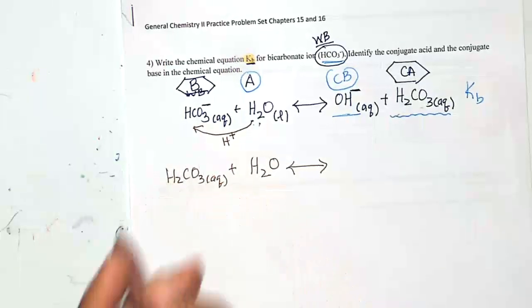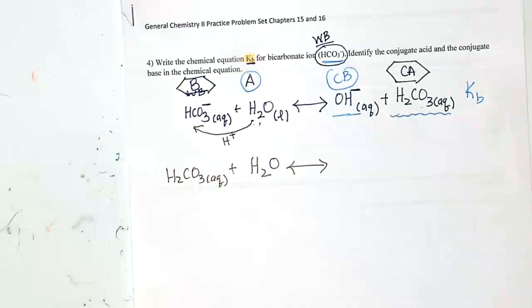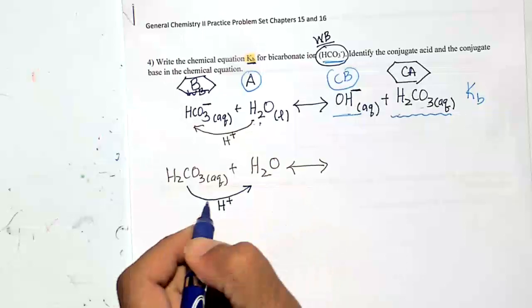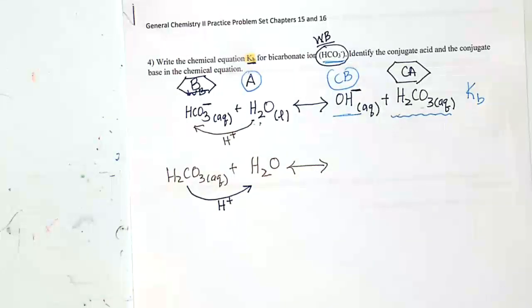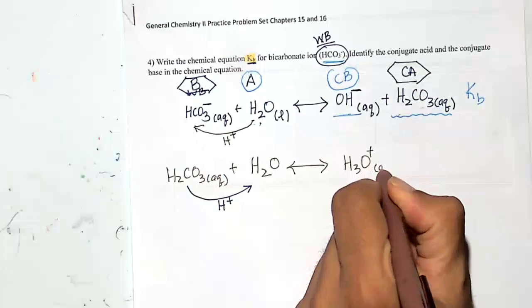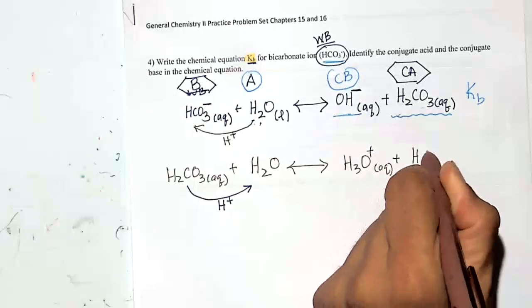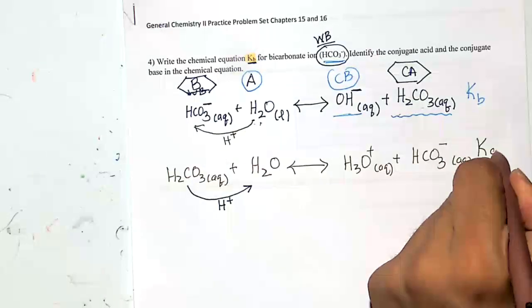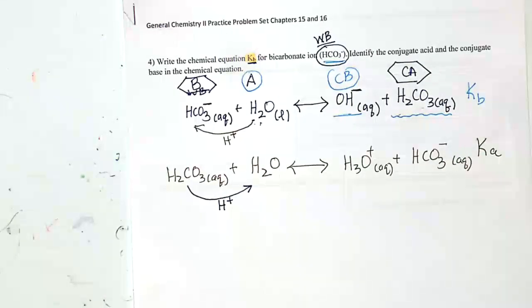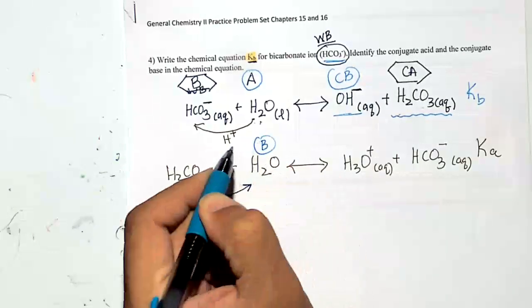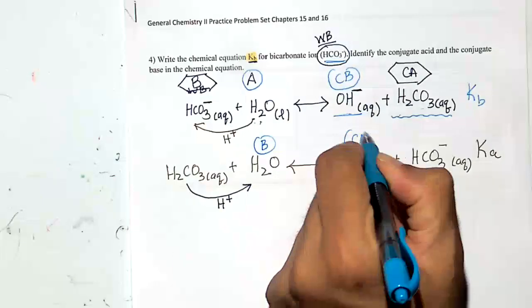This acid reacts with water to give you the Ka for this reaction. Here water is acting like a base and abstracting this proton from an acid, and acids love to give off protons. Some like to do it better than others. And you're going to get H3O plus and bicarbonate. So this is the Ka. Here H2O is acting like the base, and this is its conjugate acid.